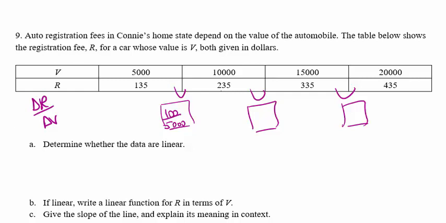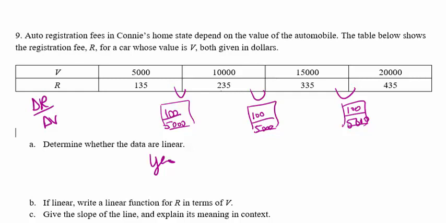And then do it again and again. Okay, so 100 again, the change in R's, over 5,000, the change in V's. Okay, so we're going to say yes, the data are linear since the rate of change is constant.